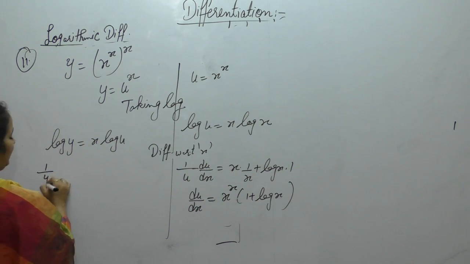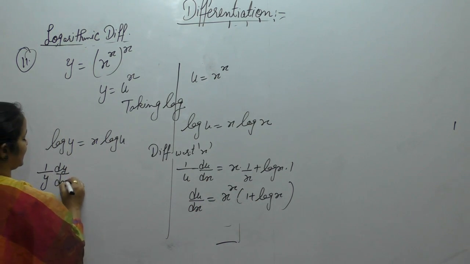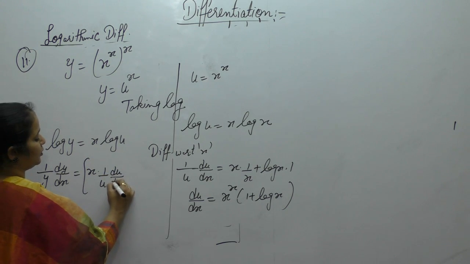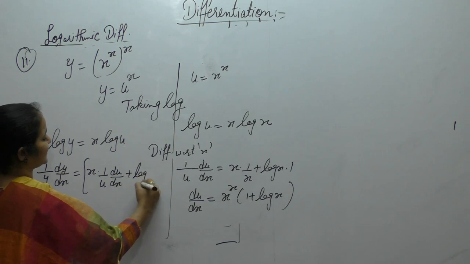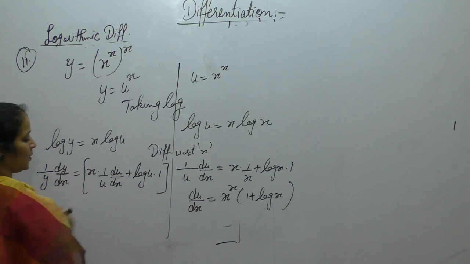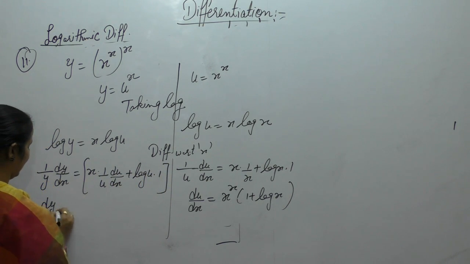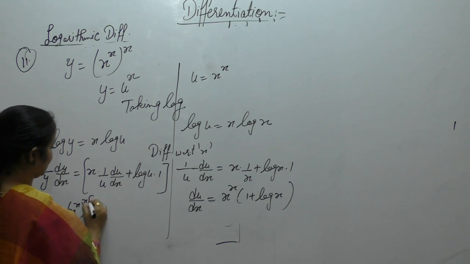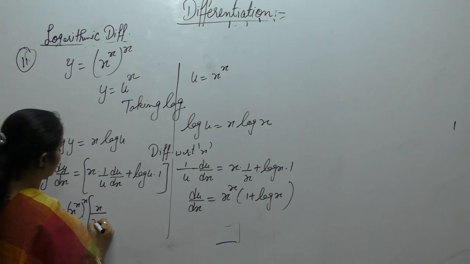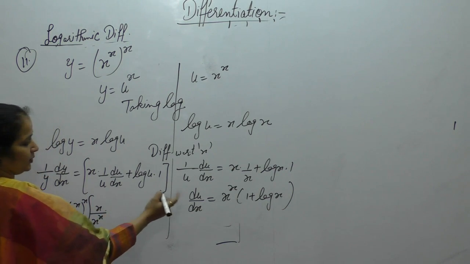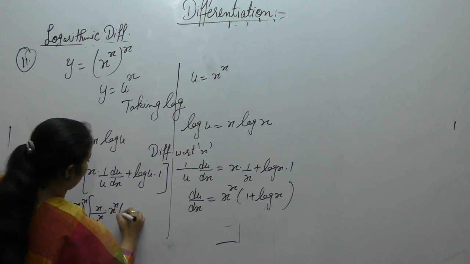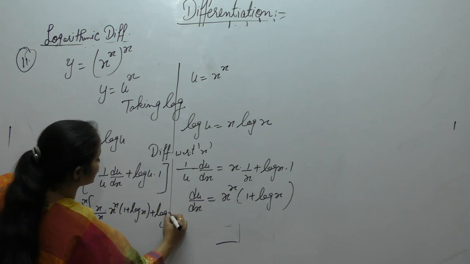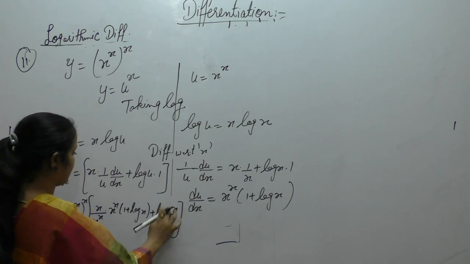Derivative of log y, 1 upon y dy upon dx. First function, derivative of log u, 1 upon u du by dx. Log u as it is, derivative of x is 1. Now we get dy upon dx. y is x power x power x. x upon u is x power x. Put the value of du by dx, x power x, 1 plus log of x, plus log of u is x power x.